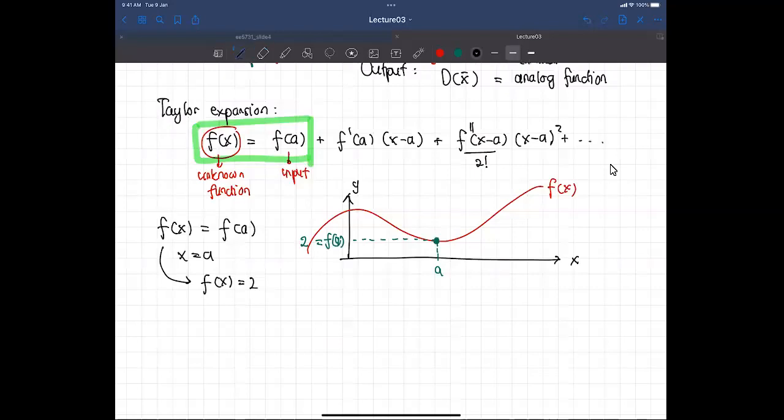Now, if you have to draw this function, what kind of drawing do you have to do? f(x) equal to 2 is a horizontal line. So it's very simple, your approximation is actually a horizontal line. That's your approximation.